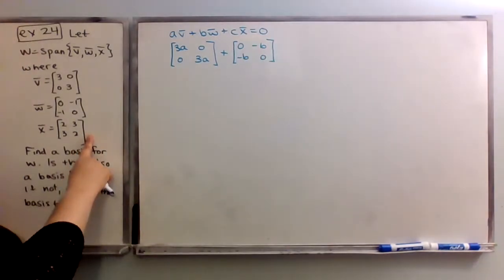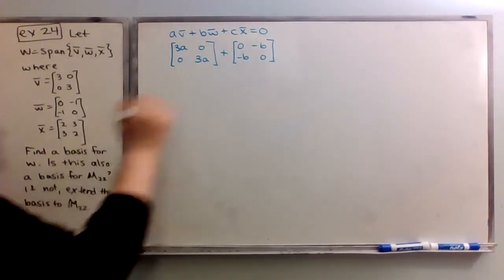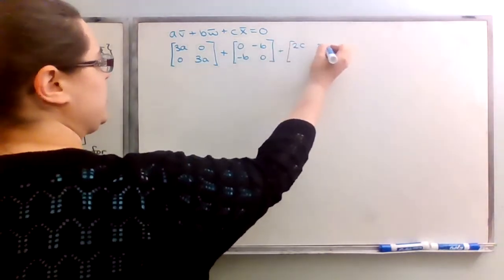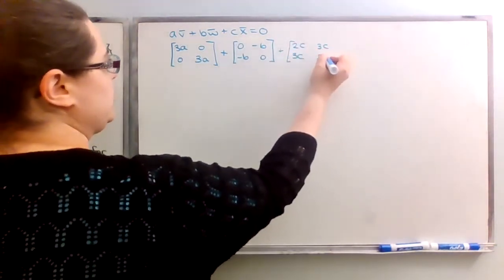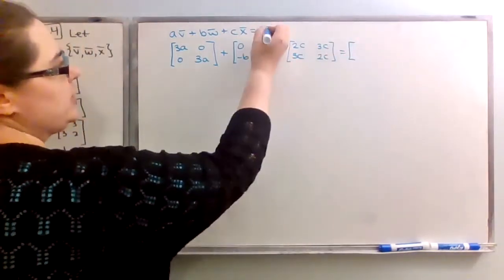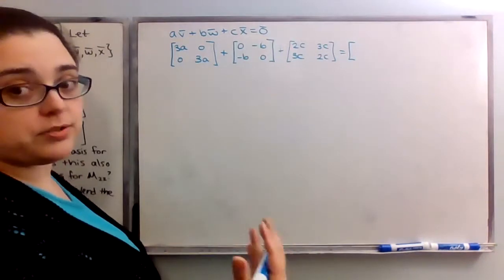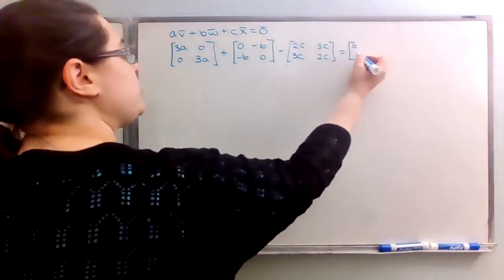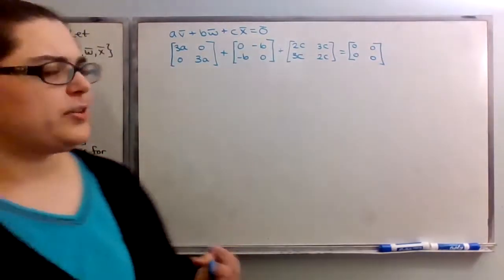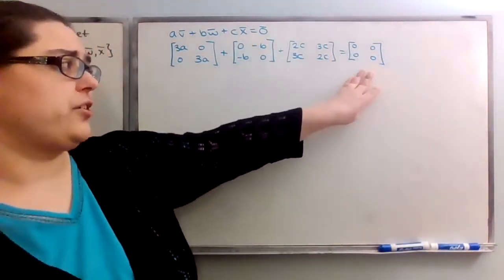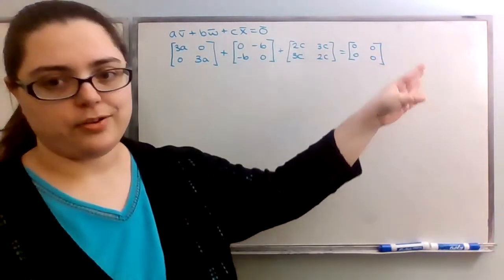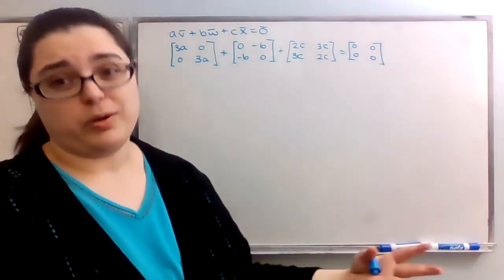And then everything here is going to get multiplied by c, so we get 2c, 3c, 3c, 2c, equals 0. Now, in this case, the 0 vector is the 2 by 2 zero matrix, so we get 0, 0, 0, 0. I always find it helpful to write my 0 vector in the form that it should appear instead of just writing 0 there, so that I know exactly what I'm looking at, right?